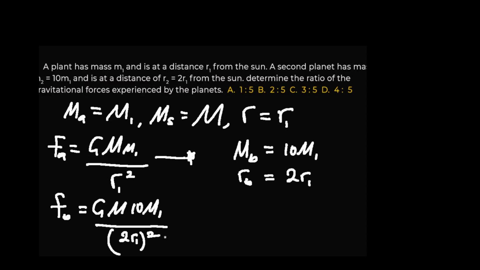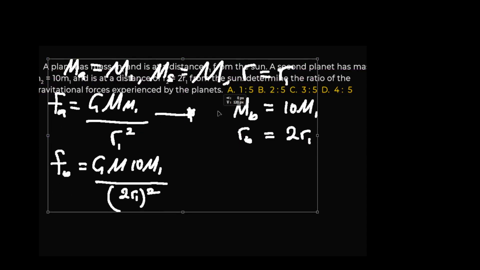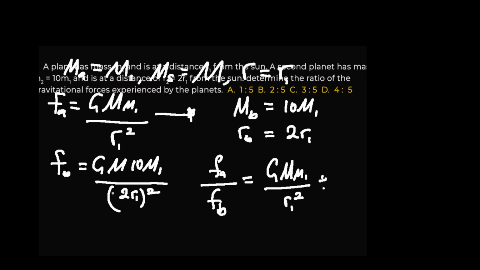Yes, sir. So the question now states that determine the ratio of the gravitational forces experienced by the planets. So let's look at the ratio of FA to FB. So we are going to have that FA divided by FB is equal to GM and small letter m, that is M1, over R1 squared, divided by FB.